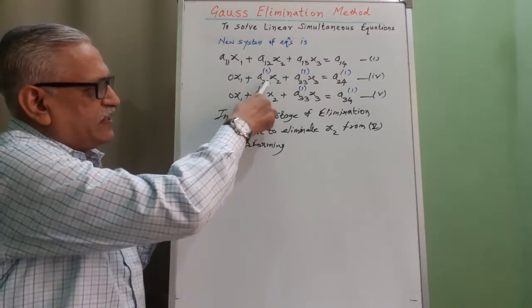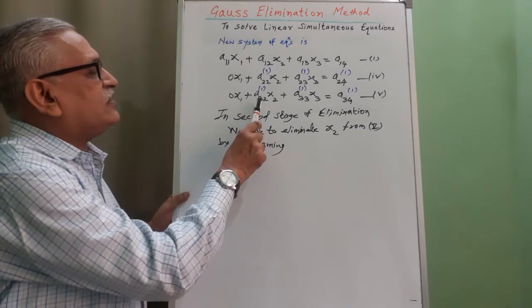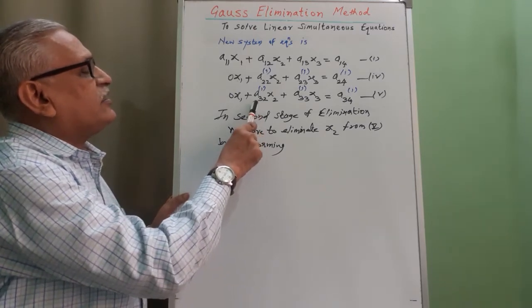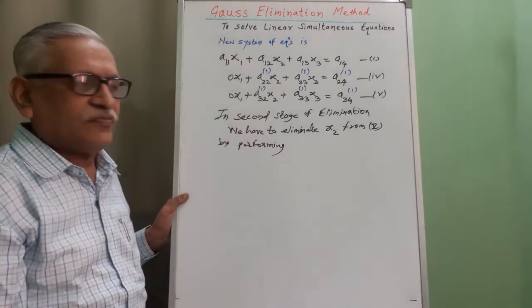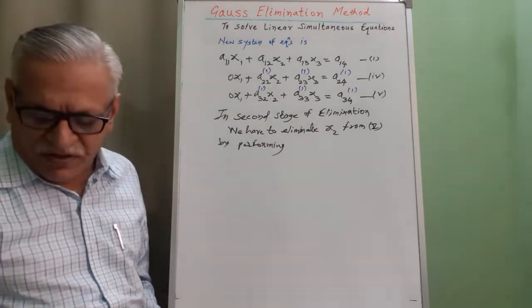To eliminate it, we take the help of equation 4th, which we have to multiply by the multiplying factor a32 divided by a22, and then subtract it from equation 5th.